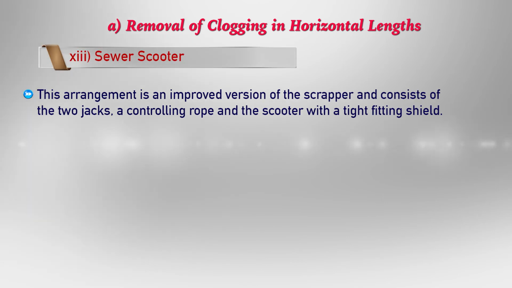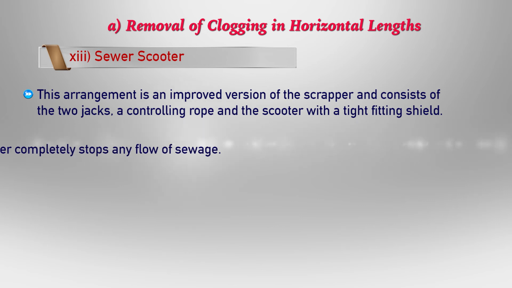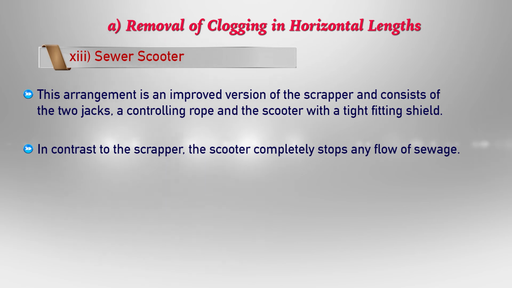Then we move to another device, that is the sewer scooter. This arrangement is an improved version of the scraper and consists of two jacks, a controlling rope and the scooter with a tight fitting shield. In contrast to the scraper, the scooter completely stops any flow of sewage.